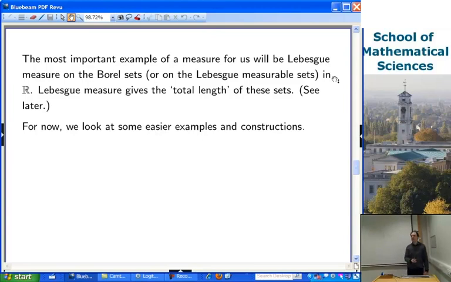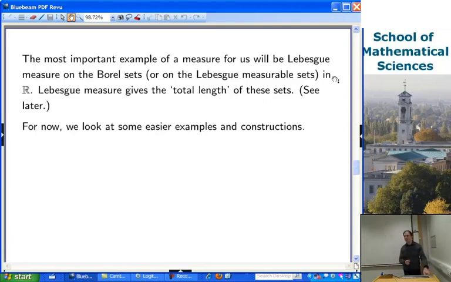In 1 dimension, which is where we're going to work mostly, you get a 1-dimensional version, which is going to do something to do with length, the total length of your set, and we'll get a measure that does the right thing on intervals, it'll do the right thing on unions of sequences of intervals, and in fact, that'll then go on and help you to decide what the total length you should assign to every Borel set is, which will be more than enough sets for us.